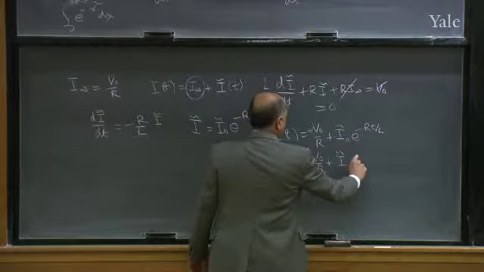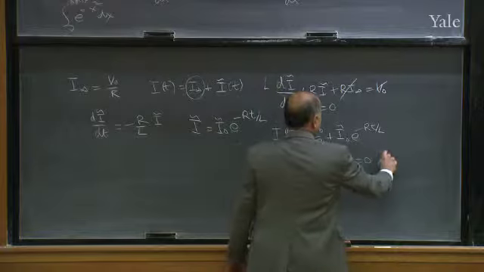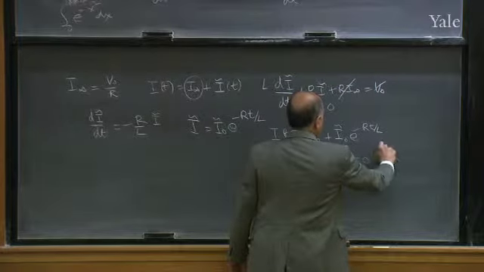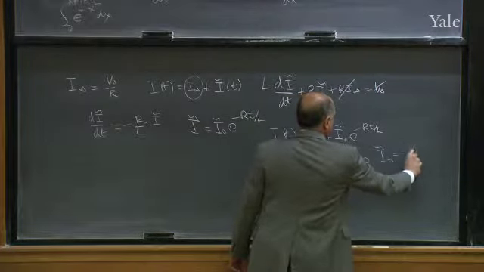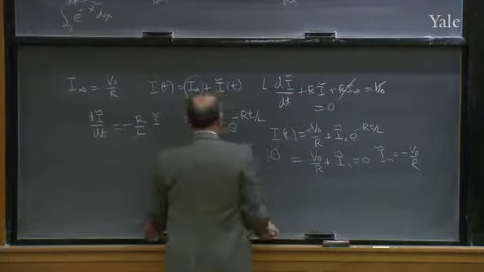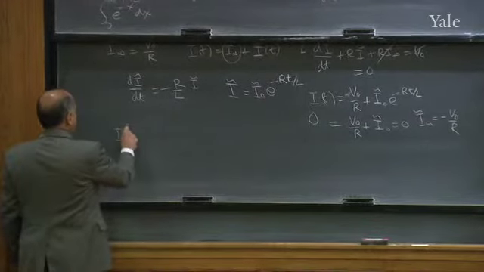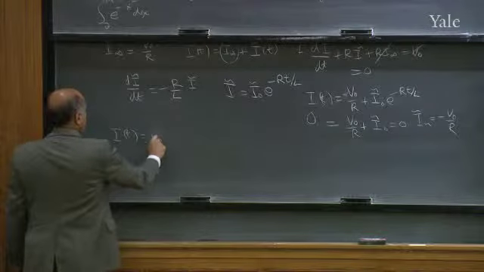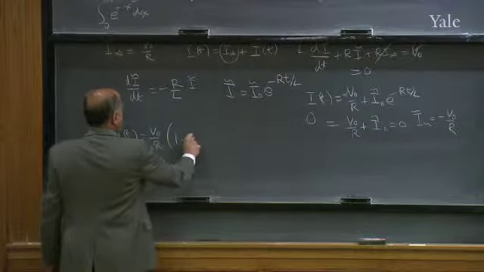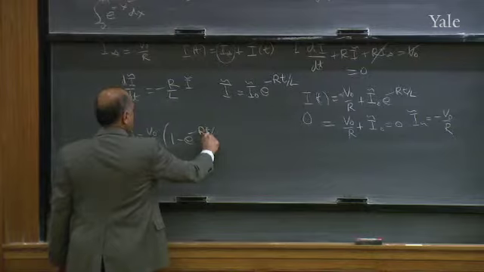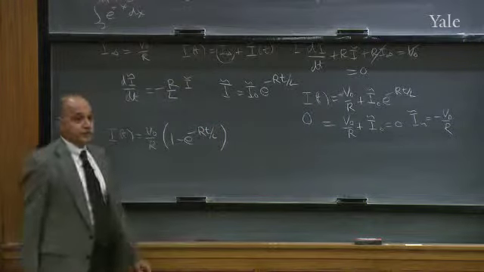So that tells me I twiddle 0 is equal to minus V naught over R. And we get our final result: I of t is equal to V naught over R times 1 minus e to the minus Rt over L.